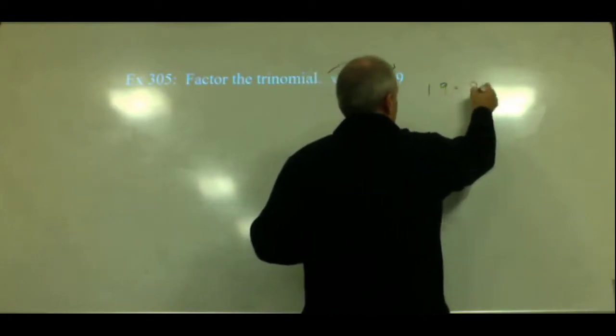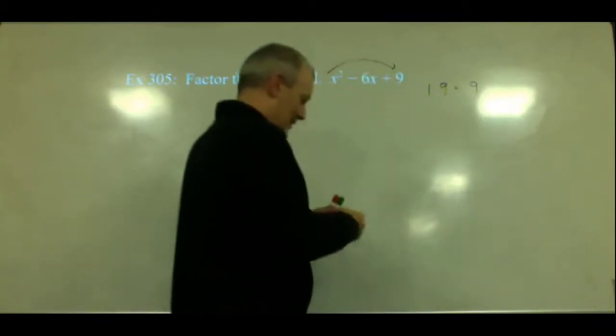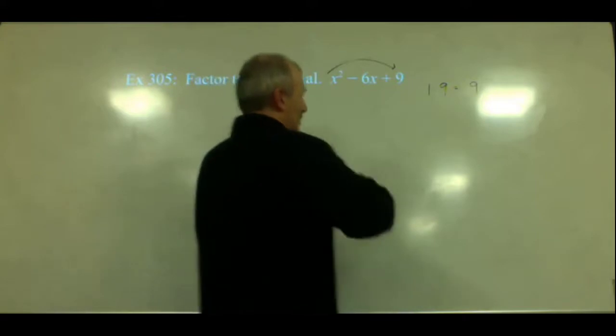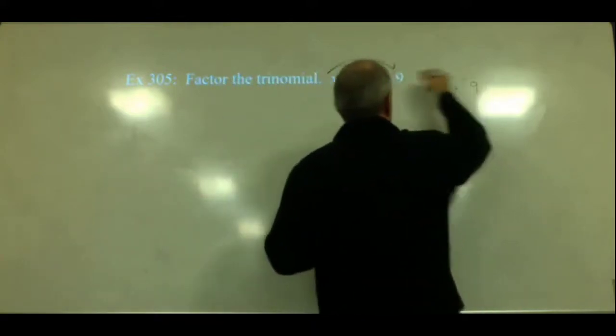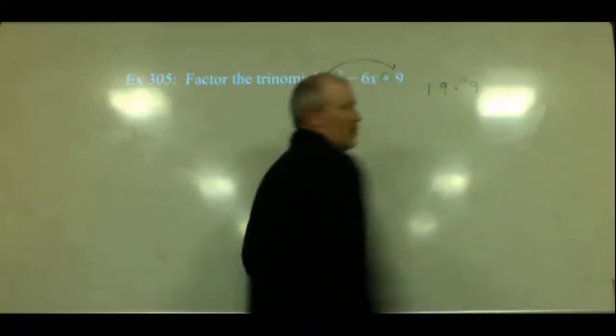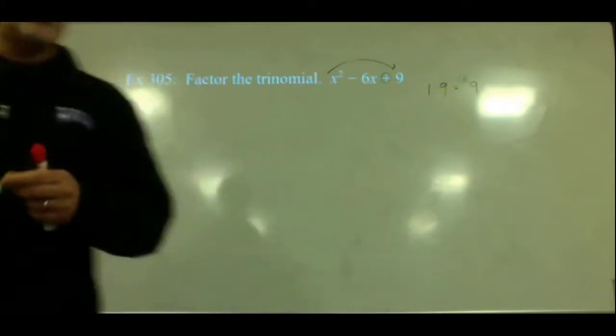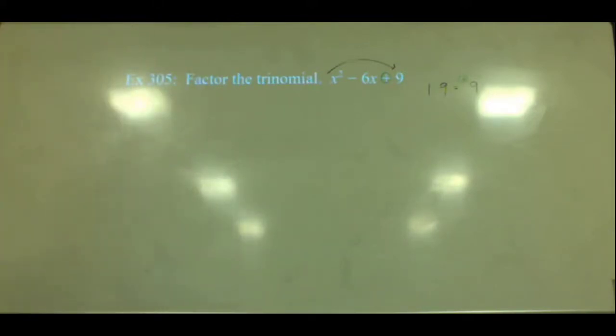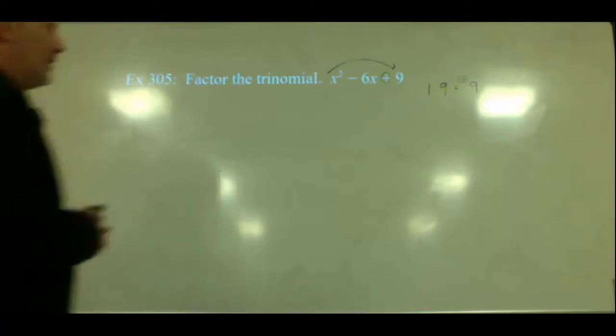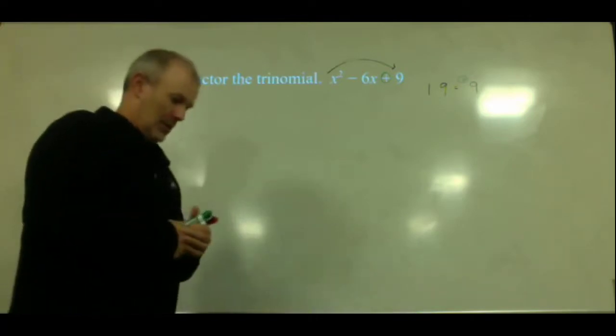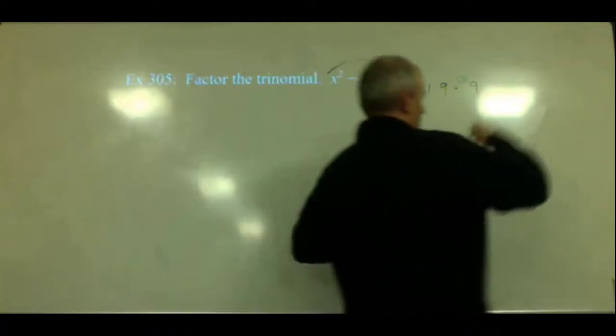And that is 9. And since 9 is positive, regardless of where you look, they're both going to be positive. What does that tell us about the signs of the numbers that we're looking for? Both can be positive, or both negative.